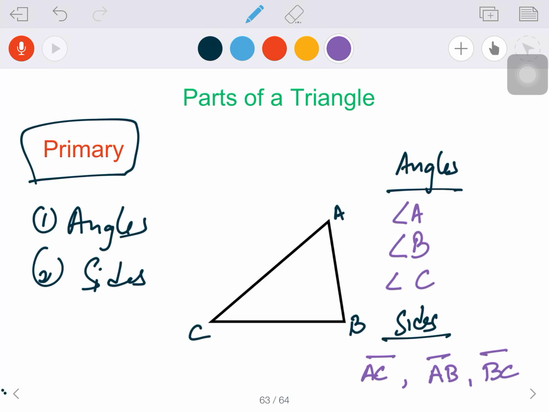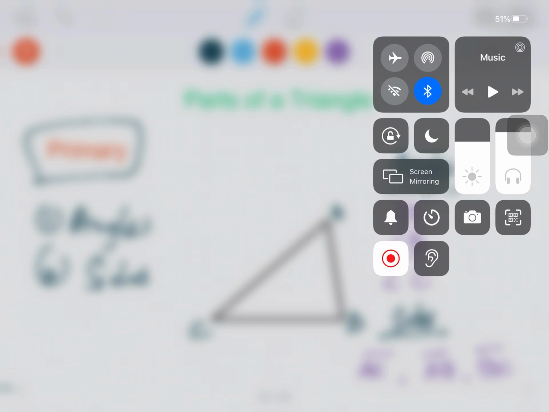So up to here only. We see each other tomorrow. And bring your compass and protractor so that we could have a thorough discussion of the secondary parts of a triangle. So once again, thank you and goodbye.